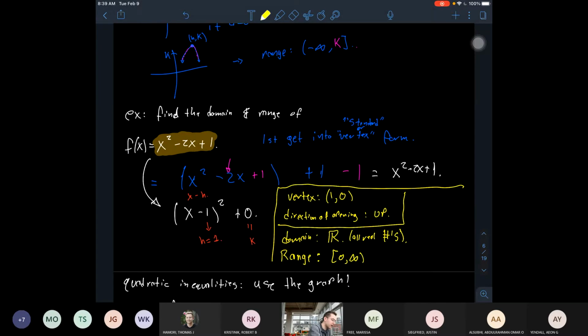We just take our k value, which remember was 0, and since it goes up from 0, we just start with 0 on the left with a bracket, and then we go up to infinity.